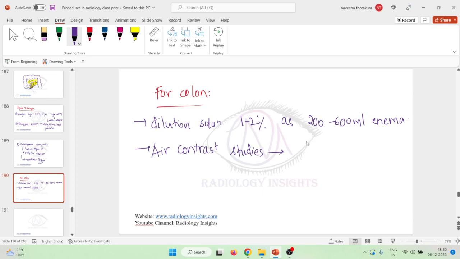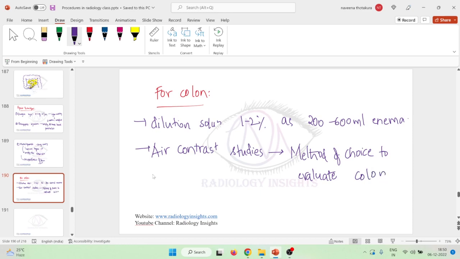These air contrast studies have recently become the method of choice to evaluate the colon.